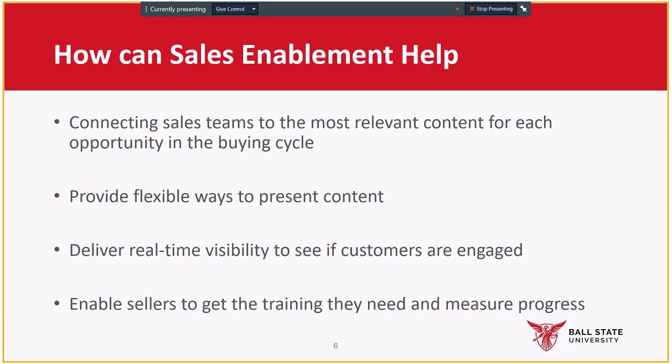And then when the buyer progresses in their needs analysis, they may need more specific information. So if I can understand what customers are looking for in different stages of the buying process, then sales enablement can help provide the right kind of messaging to the customers in the right part of the buying cycle.